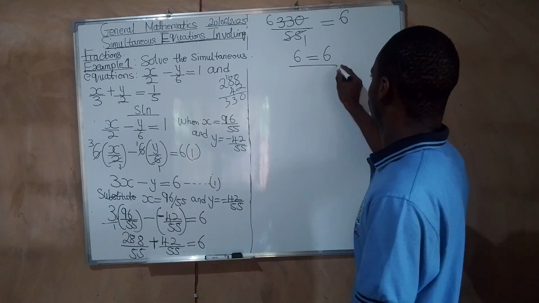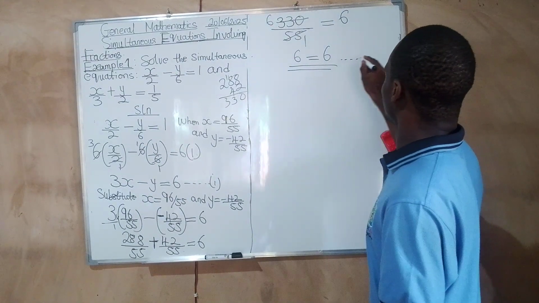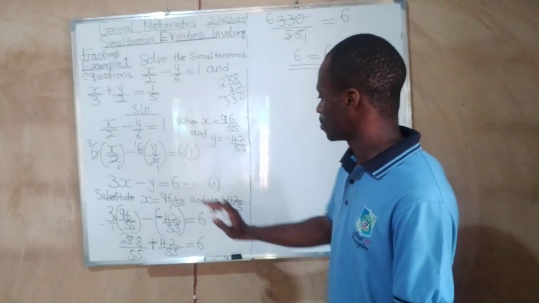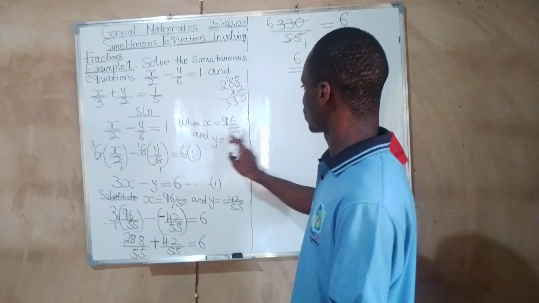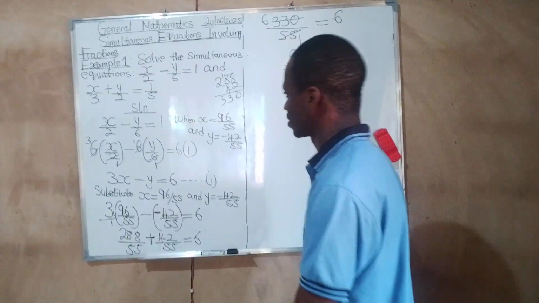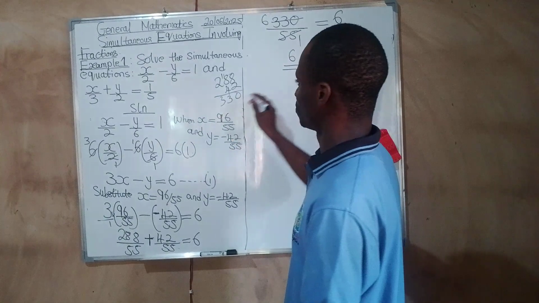I think this is best. So it is definitely that our x, 96 over 55, is correct and y, minus 42 over 55, is correct. If you still doubt it, try the other one by yourself.